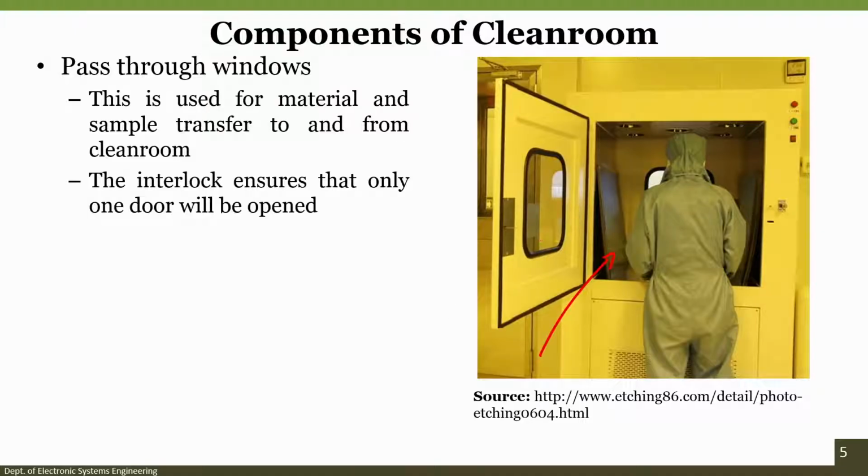This is an easy way, because then the person who is outside does not have to wear the entire PPE. Right. PPE stands for personal protective equipment, and it consists of all the way from your gown, shoe cover, hair cover, gloves, right.